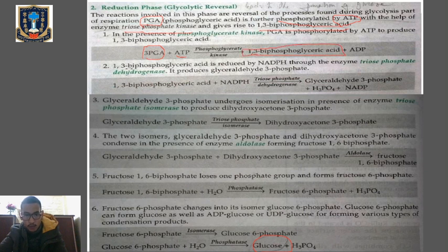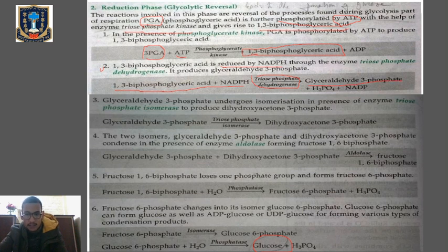Now in the second one, this 1,3-bisphosphoglyceric acid will be reduced by NADPH in the presence of the enzyme triose phosphate dehydrogenase into glyceraldehyde 3-phosphate. Clear?